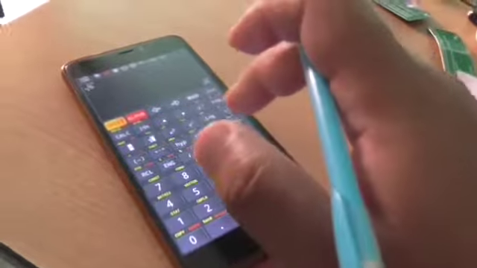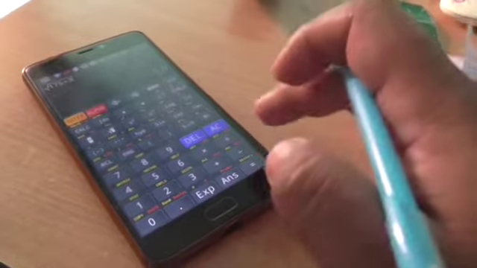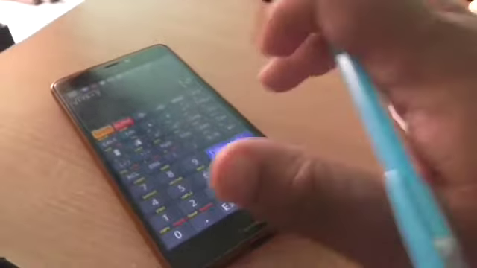Root over 175 by 9. Root over 9 is 3. If you use a calculator, root over 175 by 9 comes to approximately 4.4095, so approximately 4.41 we can say.